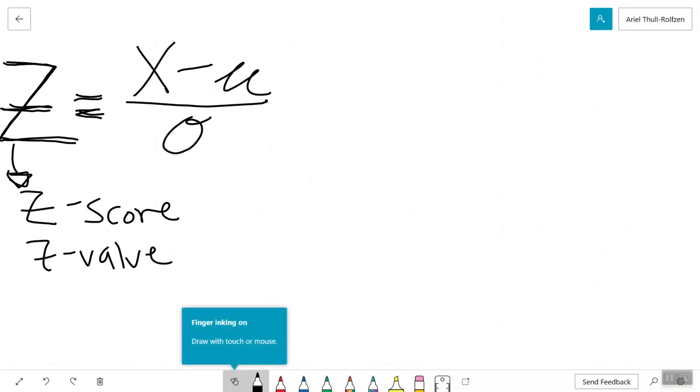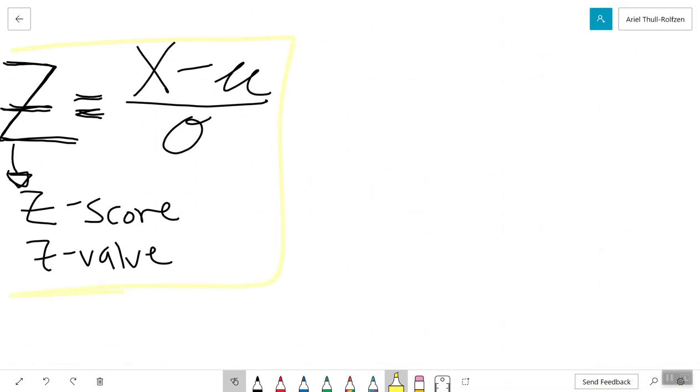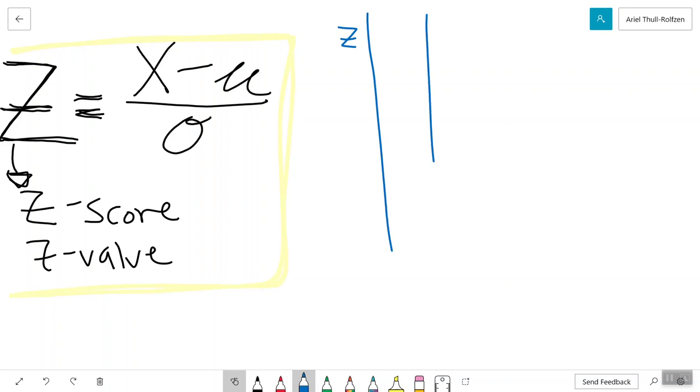And we're just going to put that formula, and that z stands for the z-score or the z-value, in our back pocket. So now when we come over here, you're going to see the Z table on page 523, and you're going to see Z up here, and you're going to see some rows and columns.